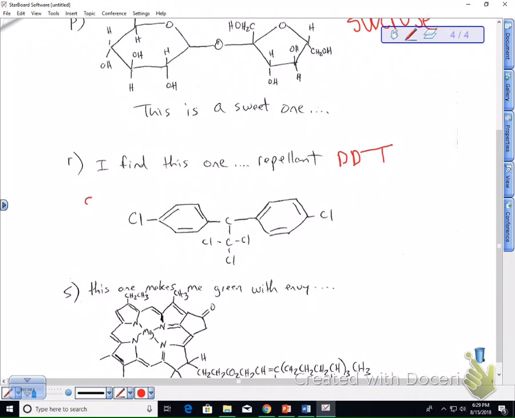And the full name of this thing is quite a mouthful. This is dichloro diphenyl trichloro, and what's the longest chain here? It's actually just that. So this is an ethane, believe it or not.